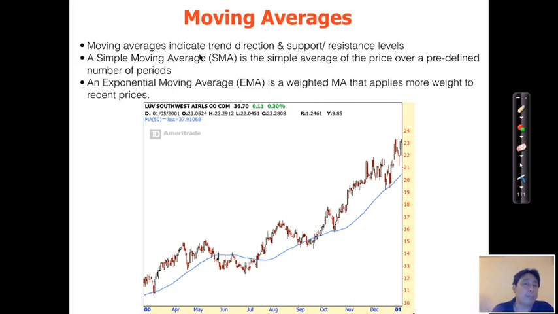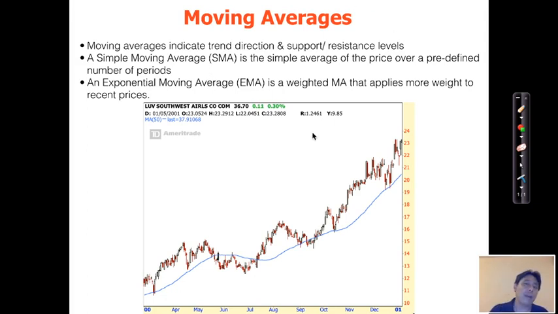There's no right or wrong. They both have pros and cons. EMAs tend to react faster to price movement, but they tend to be less stable. They tend to give more false signals. So I tend to use simple moving averages when I look at 50, 100, 150, and 200 moving averages. In other words, the longer moving averages.